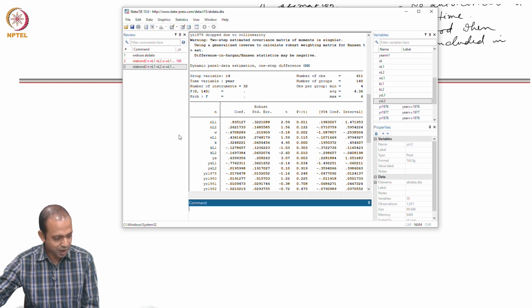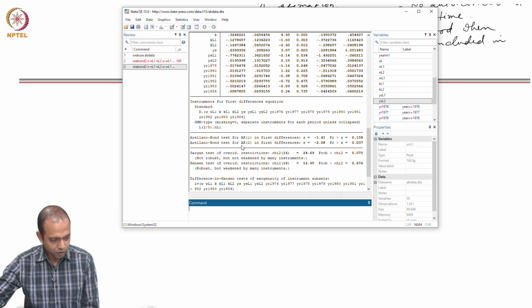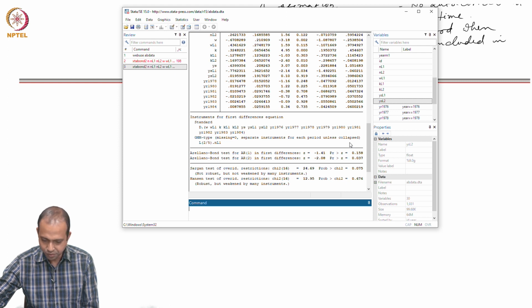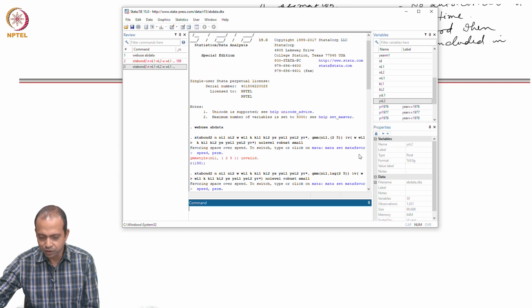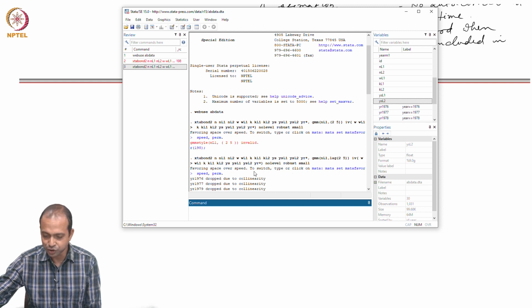So, maybe we have to recheck what is happening here. Okay, we need to recheck. There must be some problem. We can always rectify that by changing the IV style instrument to GMM style instrument, and we see. But anyway, this is an example I was talking about.